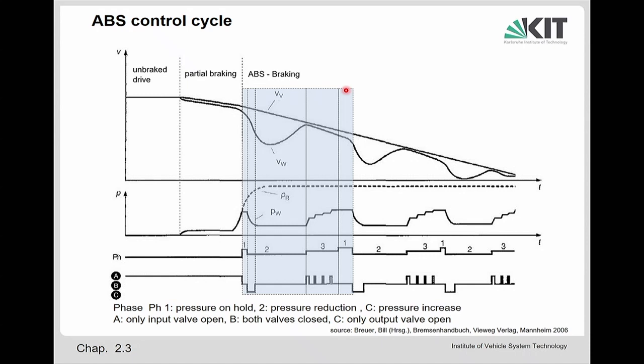And to avoid that, a strategy is used, for example, to wait a little bit with the increase of the brake pressure on the high mu side, in order to give the driver a chance to recognize what happens.